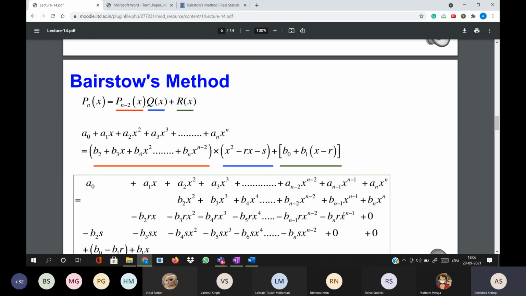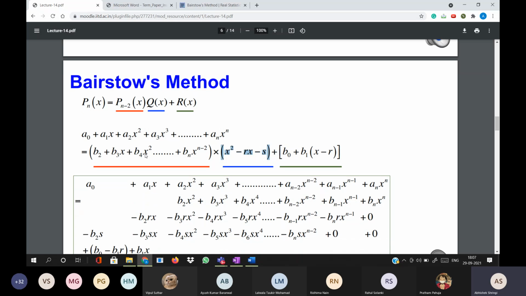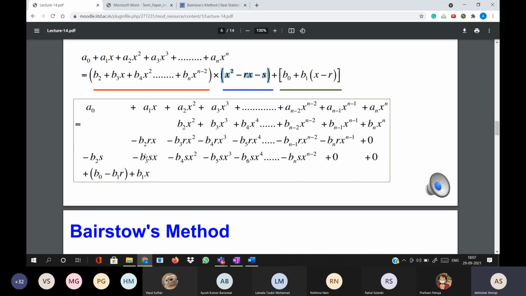Sir, with quadratic, we can also get imaginary roots. Yes, exactly. That's why we are taking x square minus rx minus s and not just x minus r or x minus s, because they won't be able to capture the imaginary roots. We will start our guess value with something real, and all of the coefficients that we calculate will also be real, so the change we get will also be real.